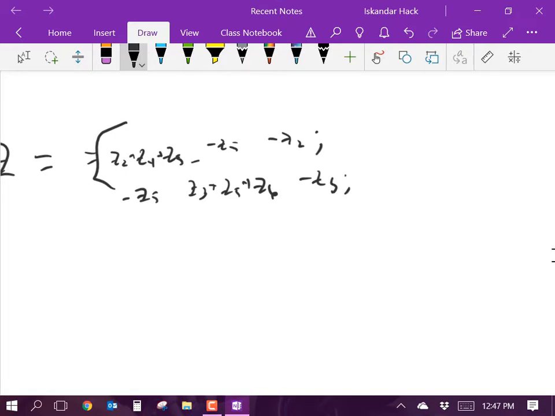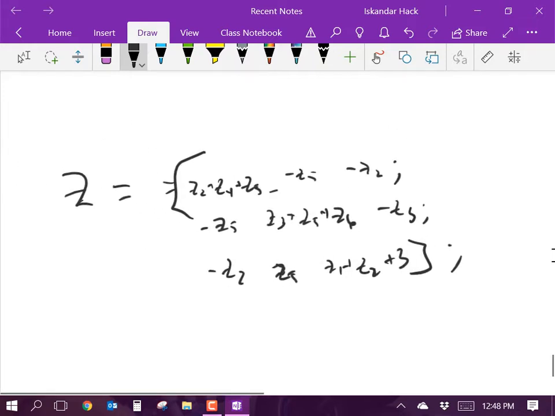Now again, this is all on one line. And then this would be, okay, this looks like minus Z2, space, minus Z5, space, Z1 plus Z2 plus Z3, close bracket. You may not want to put the semicolon at the end because you may want to see what the matrix looks like right there. But you would put that in MATLAB.